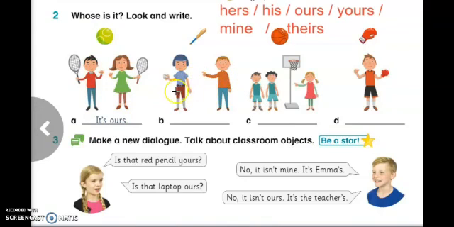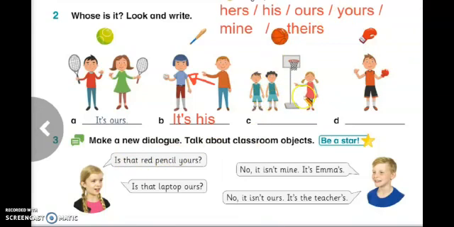We can see two boys, and this boy talks about the other one. Look here, he talks about the other boy, and he has to say it's his, أي أنها له. And look at the next picture.